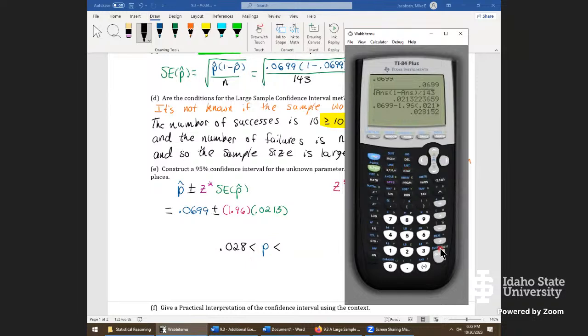And if you hit second and the enter key, you can recall this last line and switch it to positive right here. Now we've got an upper bound. Hey, this is the first value so far in class that rounds up to 3 decimal places. Take a look at the fourth. That's above 5, so we'll go 0.112.